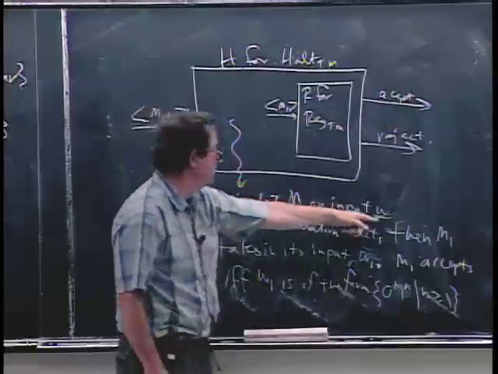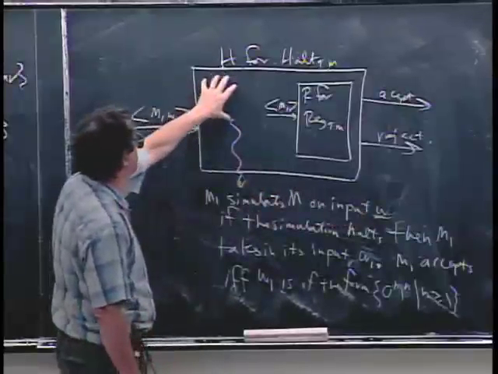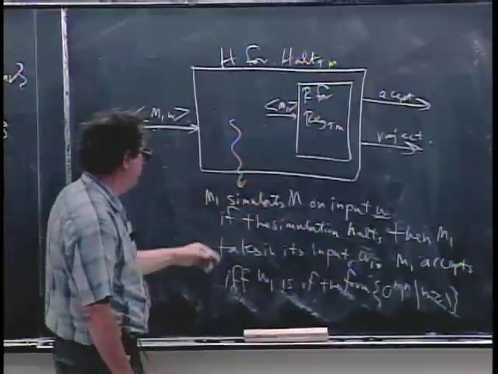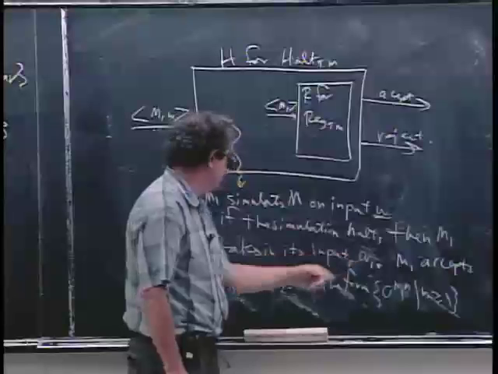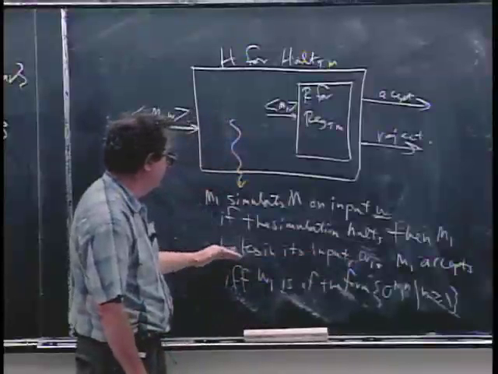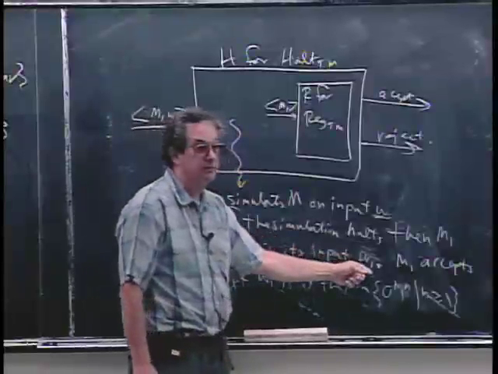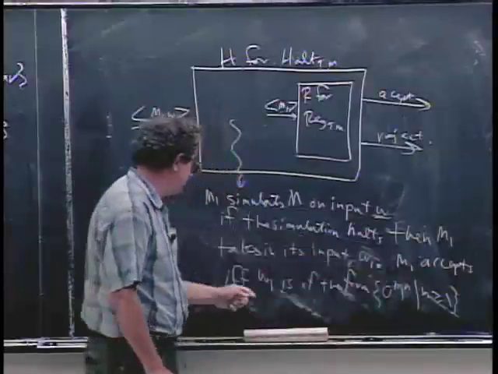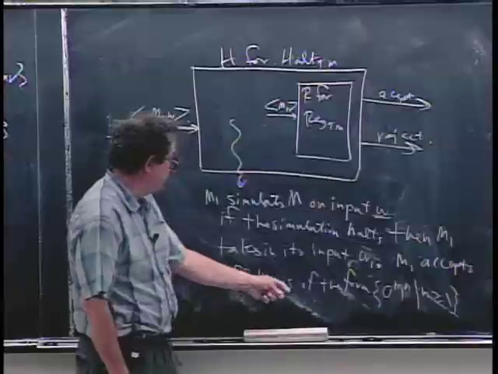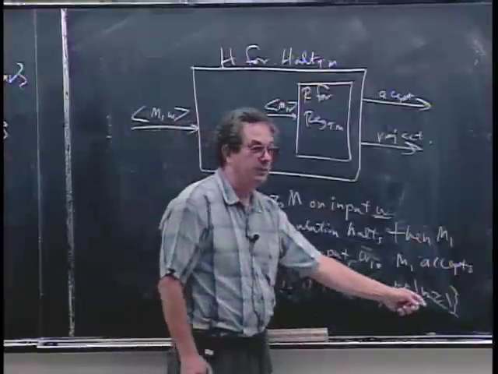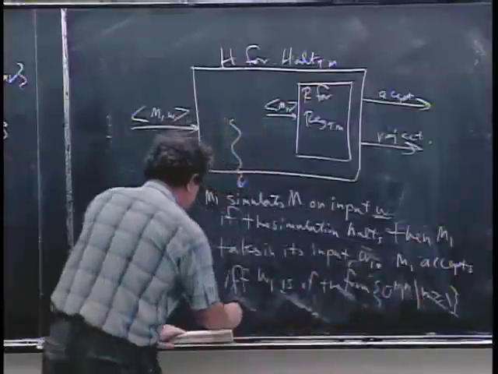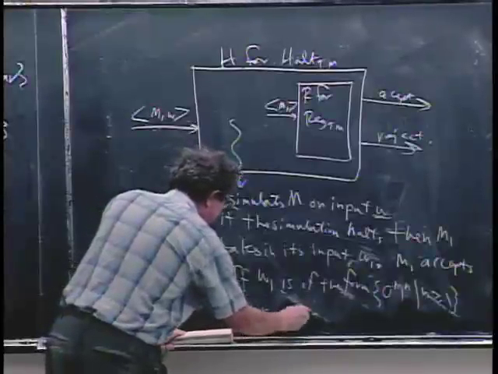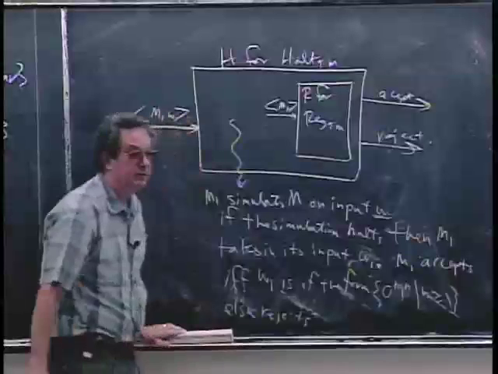M1 simulates M on W, but W is known at this point, so H can create a description of a Turing machine that simulates that. And if that simulation actually halts, then what M1 does next is it actually looks at its input, W1. And M1 will accept if and only if W1 is of that form. Otherwise, it just rejects. Okay?